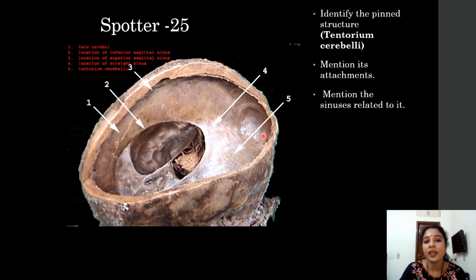At the junction of the falx cerebri and tentorium cerebelli, we have the straight sinus. And along the upper margins of the petrous part of the temporal bone, we have the superior petrosal sinus. So these are the dural venous sinuses present within the tentorium cerebelli.